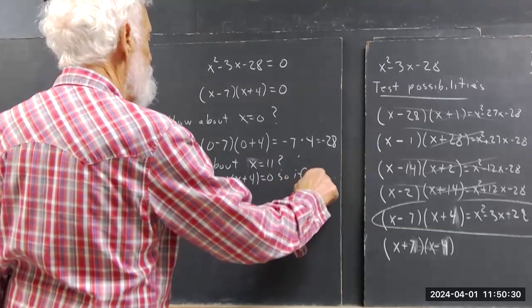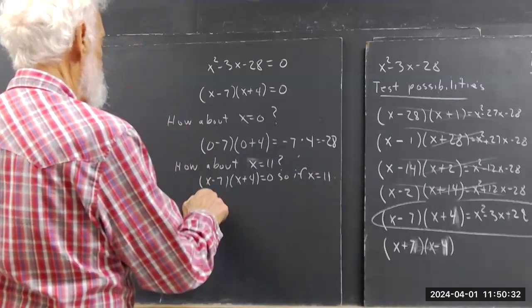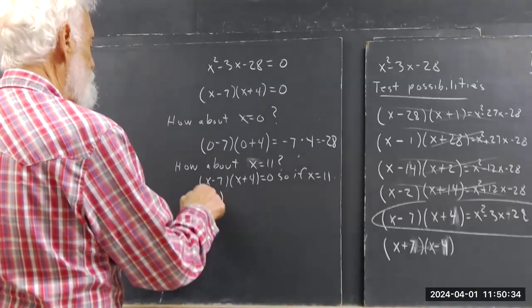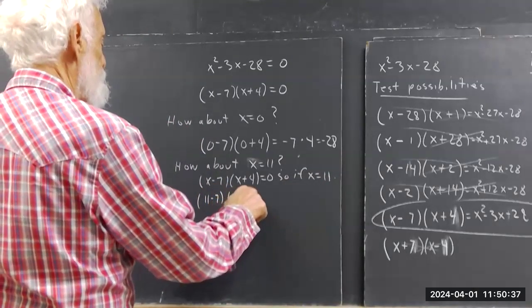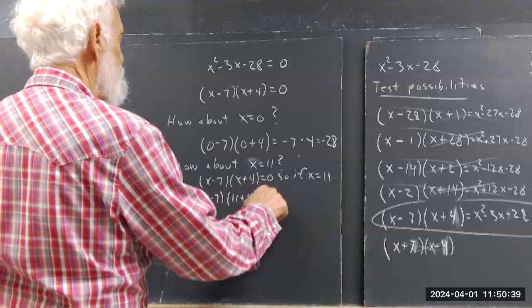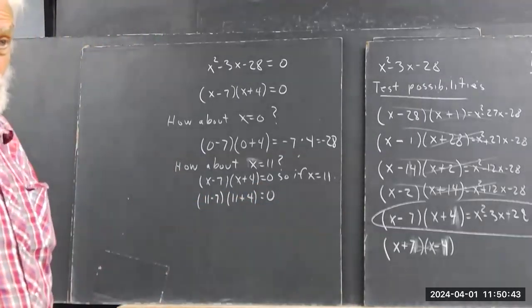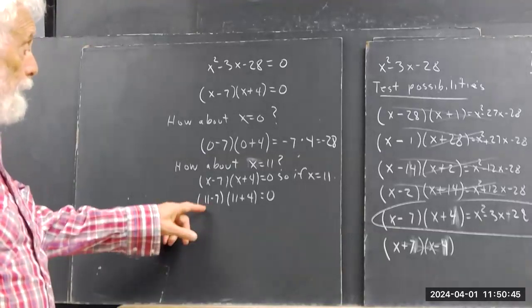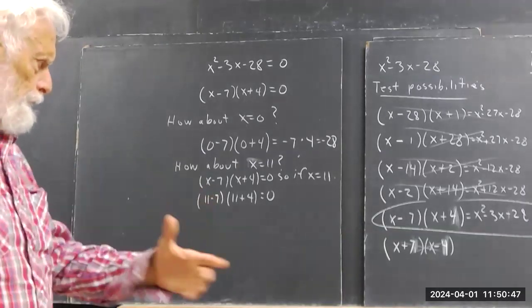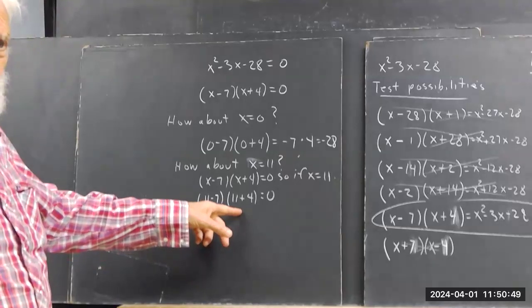So if x equals 11, we get 11 minus 7 multiplied by 11 plus 4 equals 0. Don't start calculating until you have the whole thing written out. Some people got as far as x minus 11, then never did write out 11 plus 4.